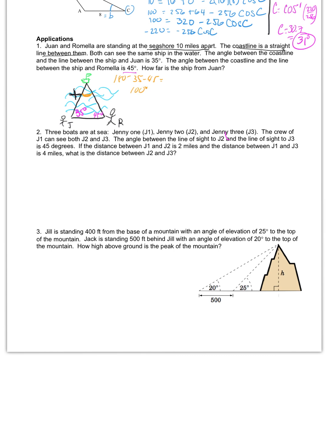Okay, so that's 100 degrees right here. Since that's 100 degrees, I know all of the angles. I have an angle-side-angle, so I actually can do that. But what else do we know? We know that Juan and Ramela are 10 miles apart. So I do have a number. So I have an angle with a corresponding side.